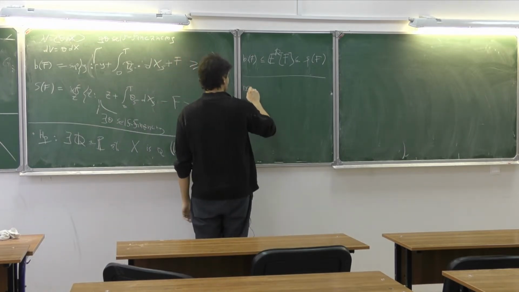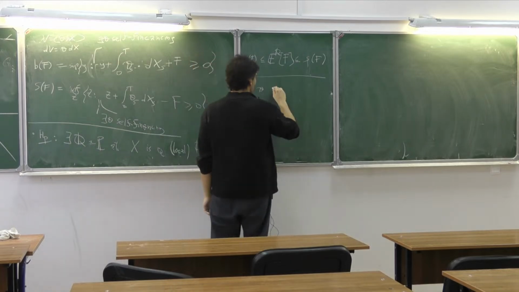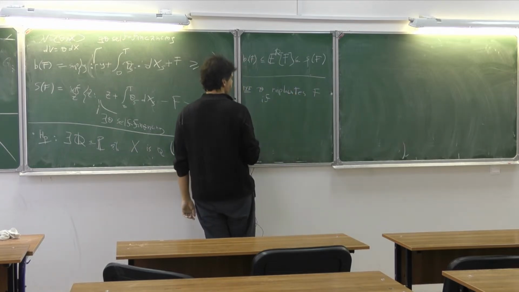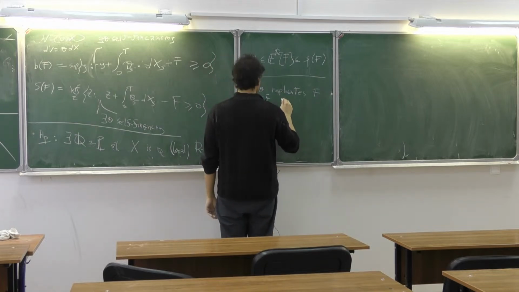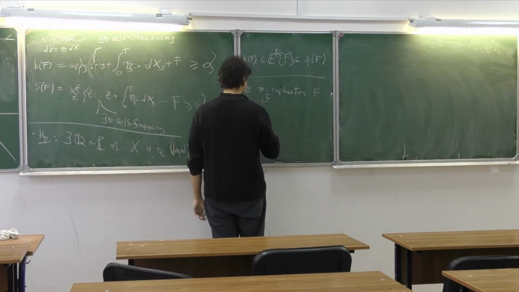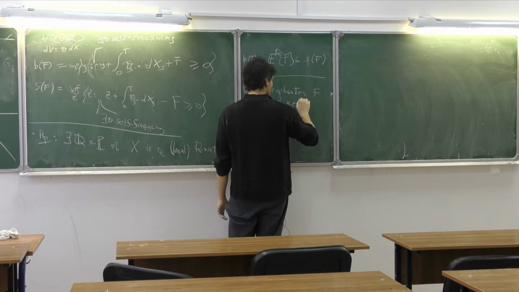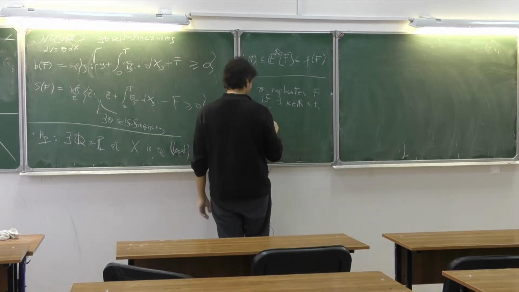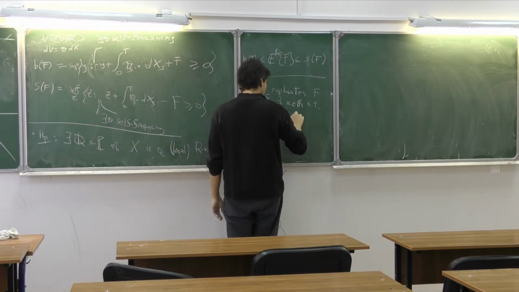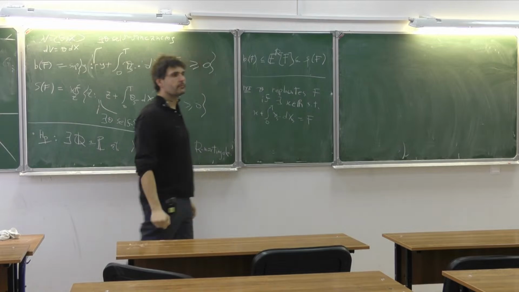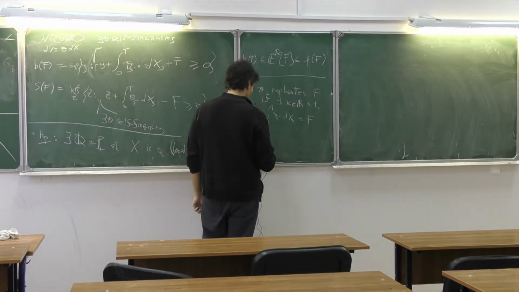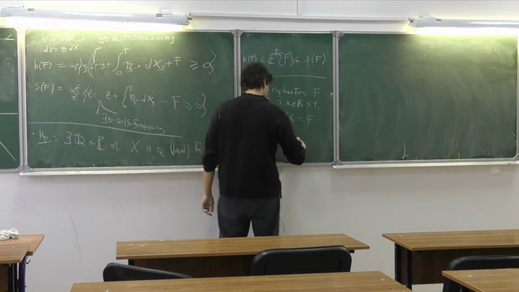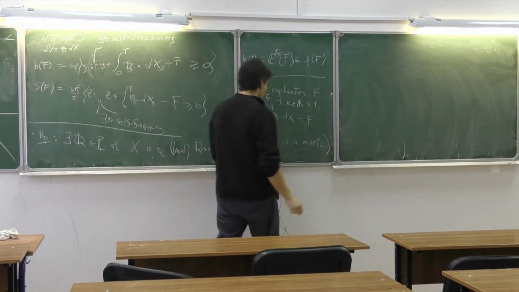But then we also have given this definition that a self-financing portfolio theta replicates F if there exists a real number x such that x plus the integral from 0 to T of theta_s dX_s is F. And there was a slightly technical hypothesis that this is a Q martingale.